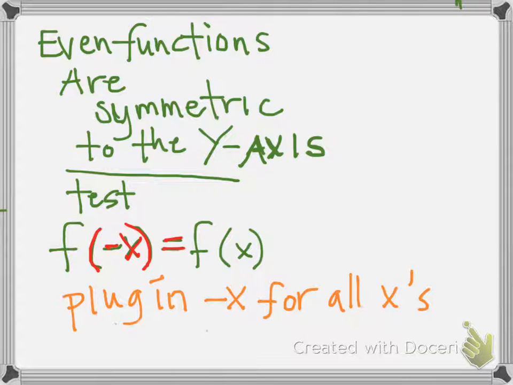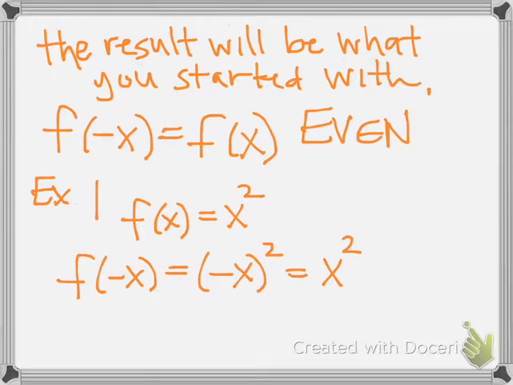What this notation means is you get out what you started with, the function. f of x is just the function. So you plug in a negative x for all the x's, and the result will be what you started with. That is the test to see if something is even.